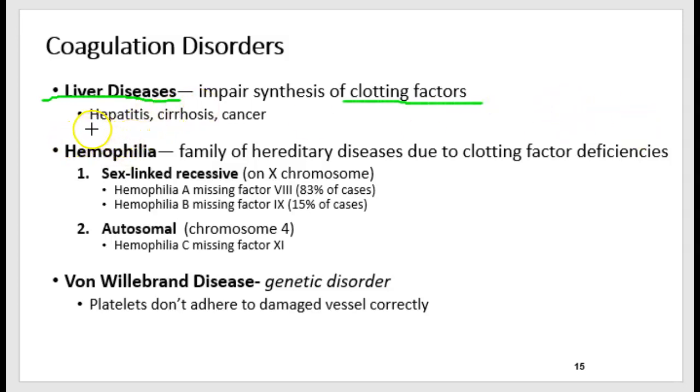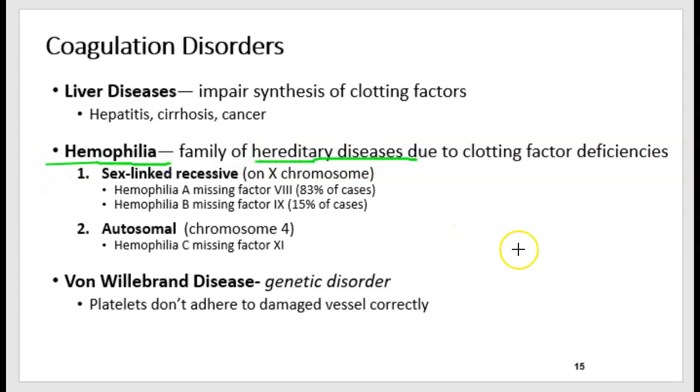Some of these liver diseases include hepatitis, which is an inflammatory disease, cirrhosis, which is a destructive disease, and liver cancer, which I'm not all that familiar with, but presumably the cells are abnormal and not making clotting factors. So if you don't have clotting factors, or at least not the right ones, you're not going to be able to clot your blood. This is also true in a set of hereditary diseases called hemophilia.